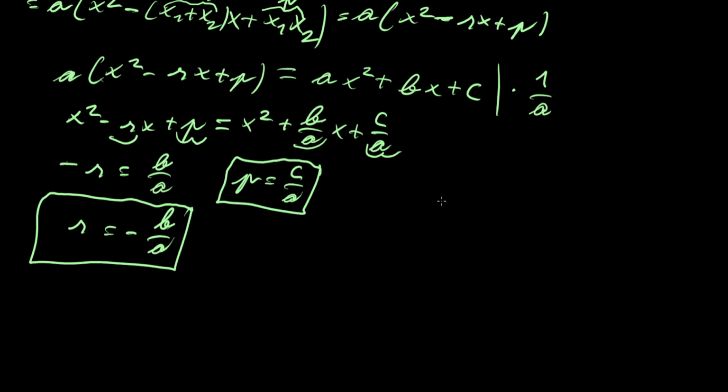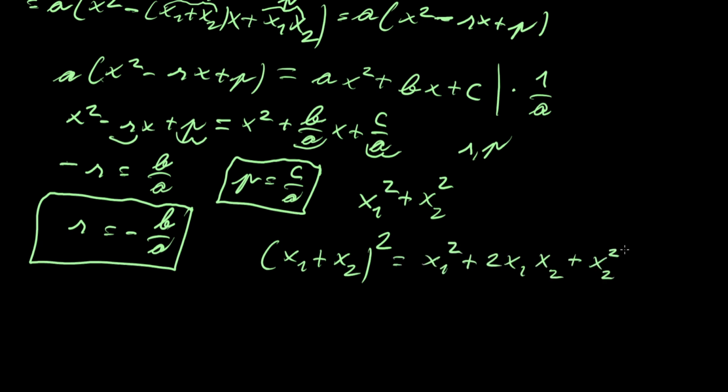But now here is the question. If you got x1 squared plus x2 squared, what is that going to be in terms of S and P? We can start based off the idea that (x1 plus x2) squared has both x1 squared and x2 squared. So let's see what that will be. Okay, now that we see what it is, what do we see?